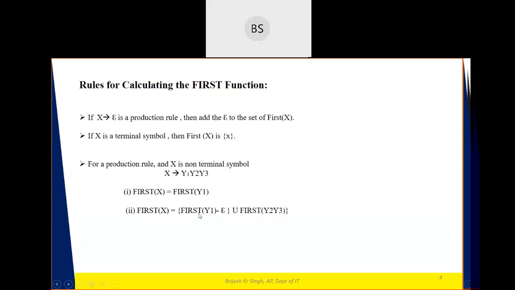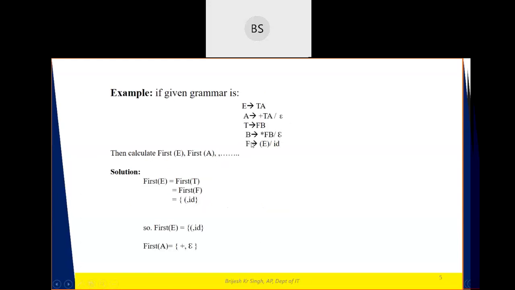If FIRST of Y1 contains epsilon, then FIRST of X will be FIRST of Y1 minus epsilon, union FIRST of Y2 Y3. Right? These are the rules for calculating the FIRST function of any grammar.